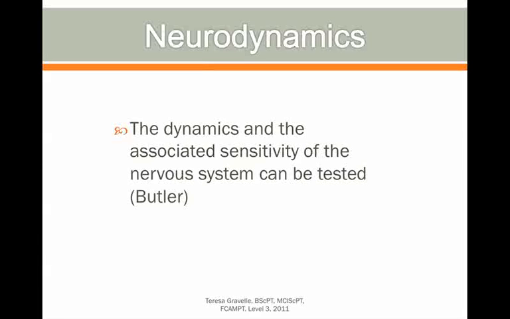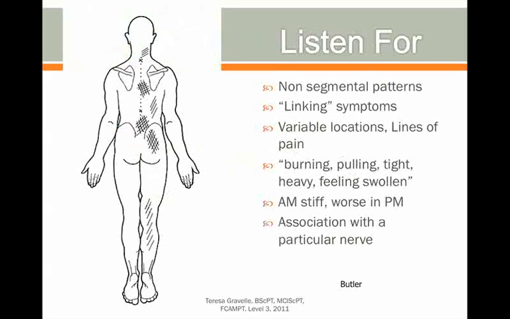So the dynamics and the associated sensitivity of the nervous system can be tested. When we first see our patient, we are going to take a history and listen for things like non-segmental patterns, different symptoms that seem to be linked upon a peripheral nerve pathway.